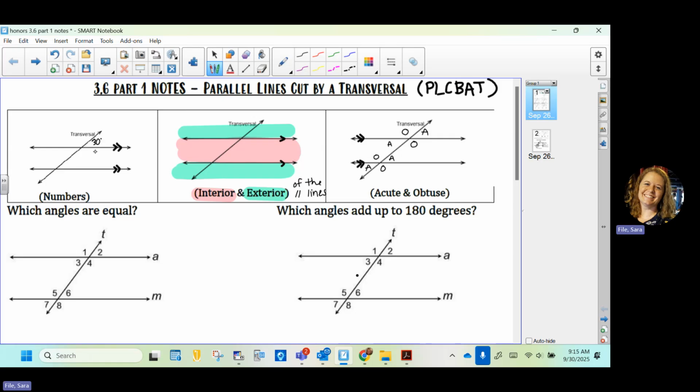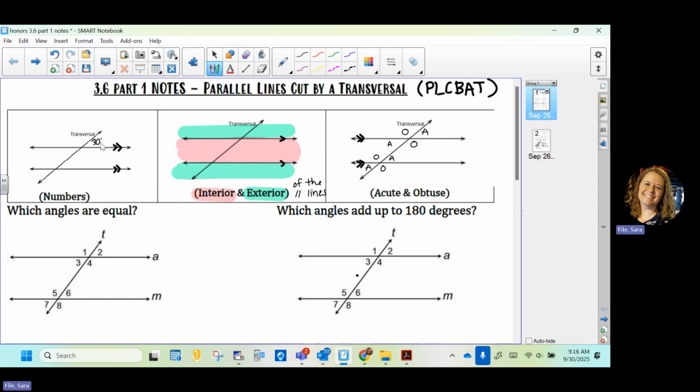What can you tell me about any other angle there? Left is 150. They're either going to be 30 or 150. They're either going to be the same or they're going to be supplementary. Can you tell which ones should be 30? Which ones? The ones that look acute. Now, besides just looking acute, at the same intersection, what are these that are across an intersection from each other called?